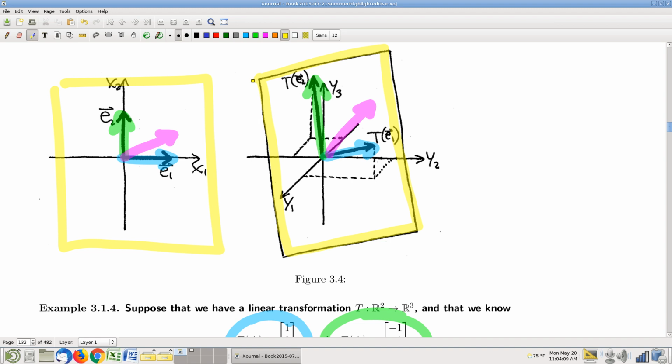So we have actually a pretty good picture of what this function does. And of course we could write down formulas if you wanted to compute specific output values for specific input vectors. Linearity allows you to do that. Okay. So this is intended mostly as a geometric motivation example.